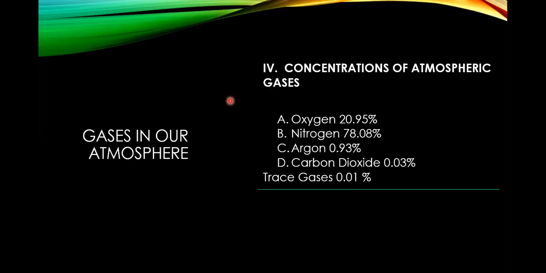And carbon dioxide, 0.03%. And trace gases, 0.01%. Those are all of the gases in the atmosphere. Each one of those exerts its own pressure. So you said that oxygen was 159, and nitrogen was 593. Well, what is argon? How much pressure does argon exert?